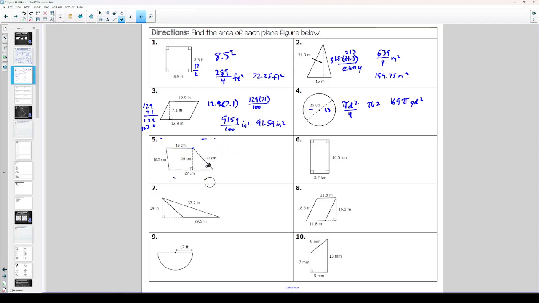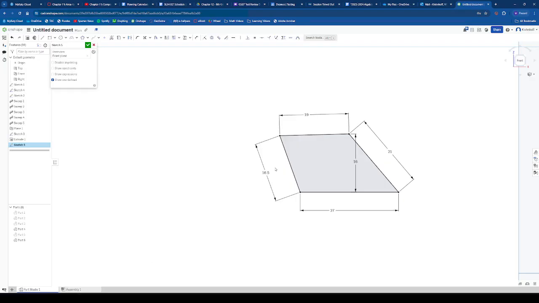Nope. So there's an important difference between number 5 and, say, number 10. On number 10, they give us these two right angles here, meaning that we know the bases are parallel, whereas in problem 5, they don't give us that. So give me one sec. Okay, I wanted to check this, so I just went and drew it real quick.